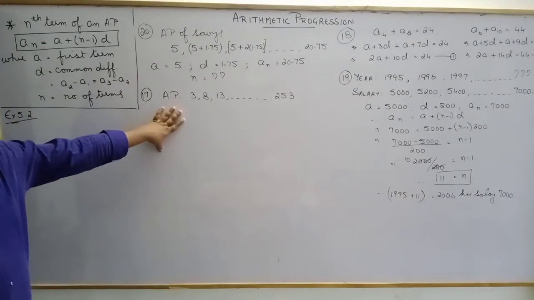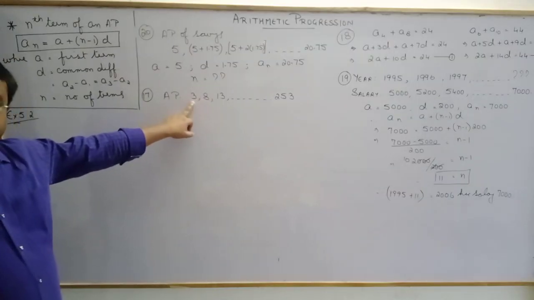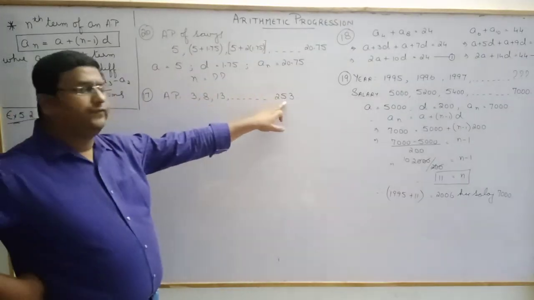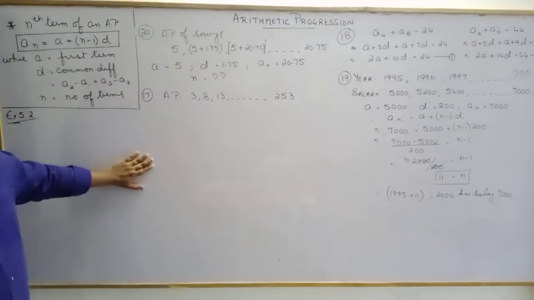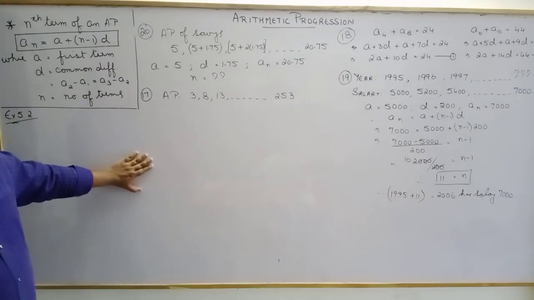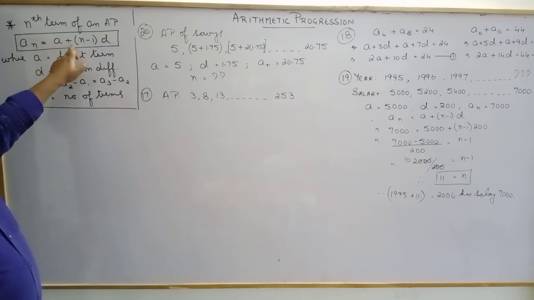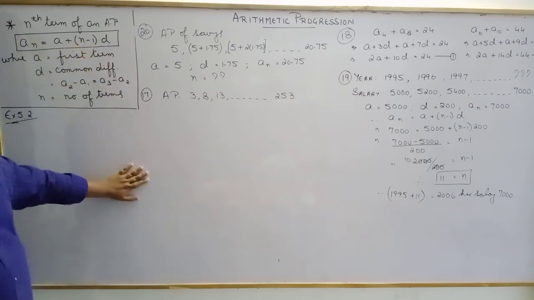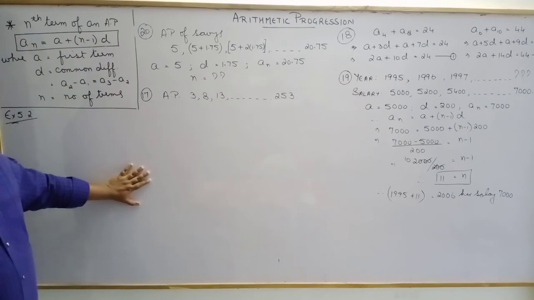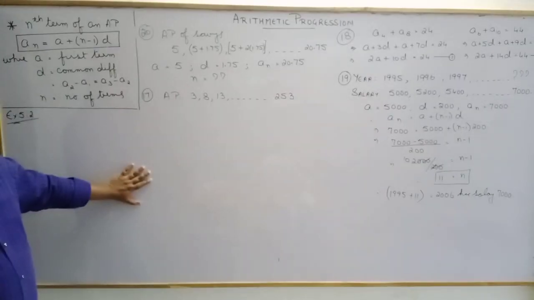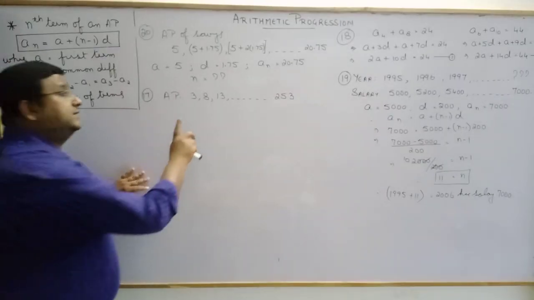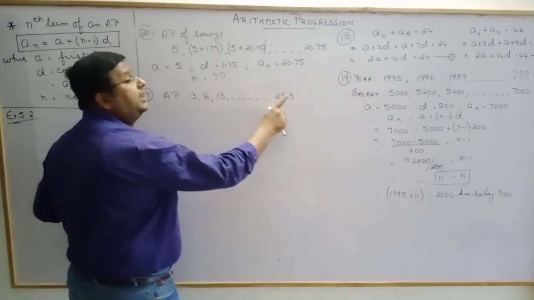If I ask you how much is A, sir, 3. D, 8 minus 3. And AN, 253. And I tell you to find the 20th term, so the 20th term is A plus 20 minus 1 into D. Isn't it? But the problem arises, sir. He says the 20th term not from the first, but from the last.